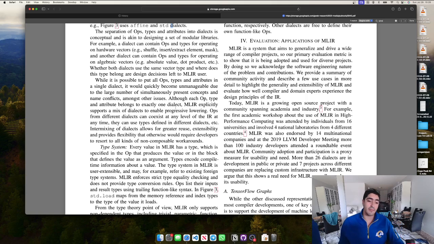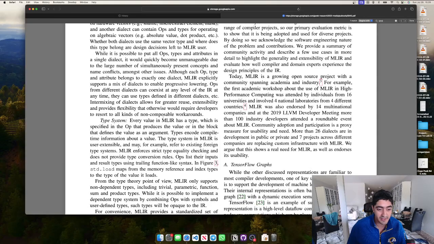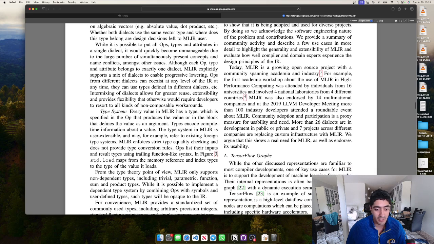Type system. Every value in MLIR has a type, which is specified in the operation that produces the value or in the block that defines the value as an argument. Types encode compile time information about a value. The type system in MLIR is user extensible and may, for example, refer to existing foreign type systems.